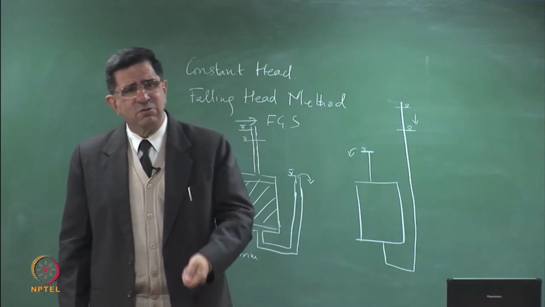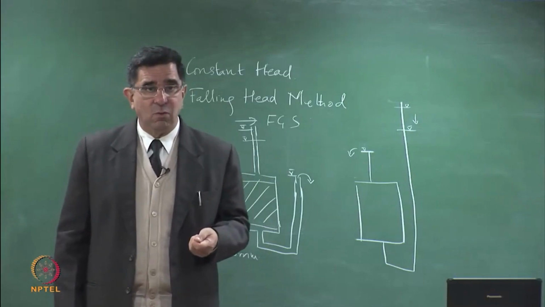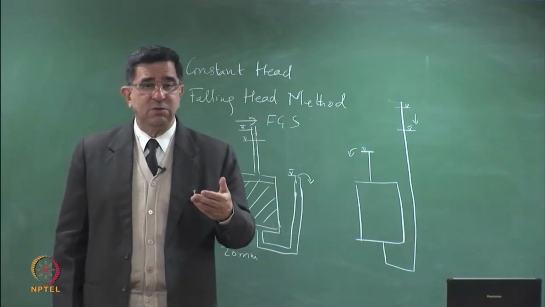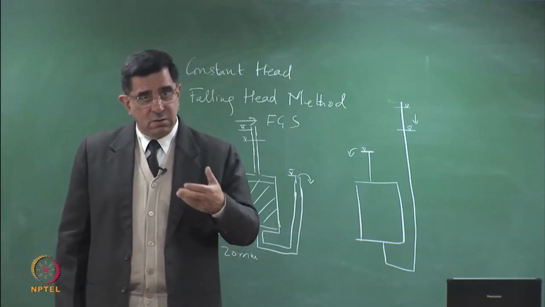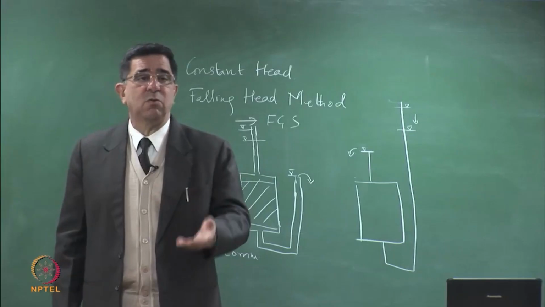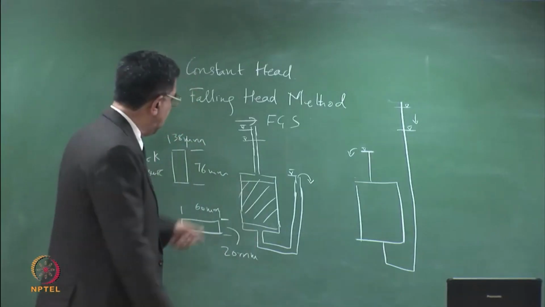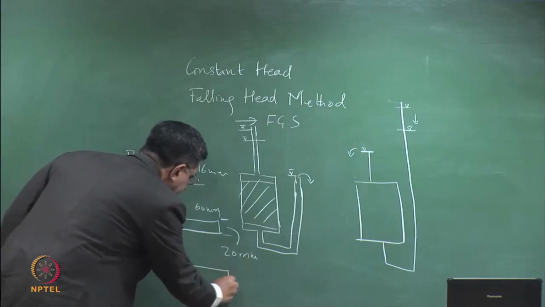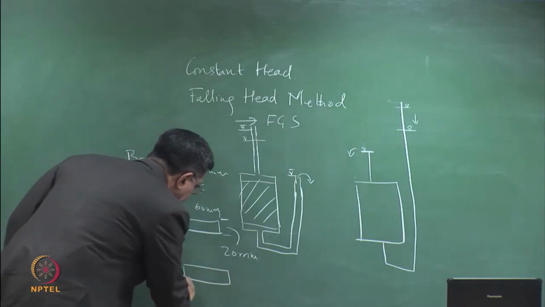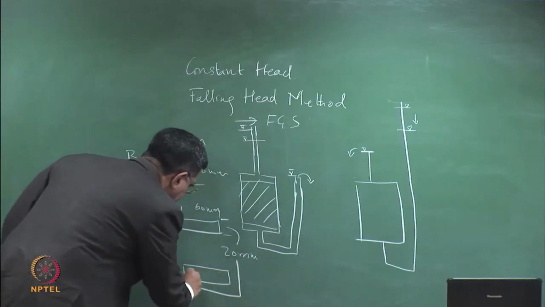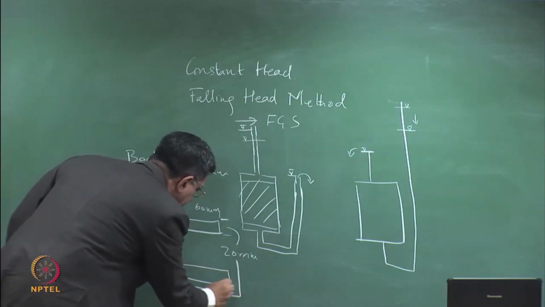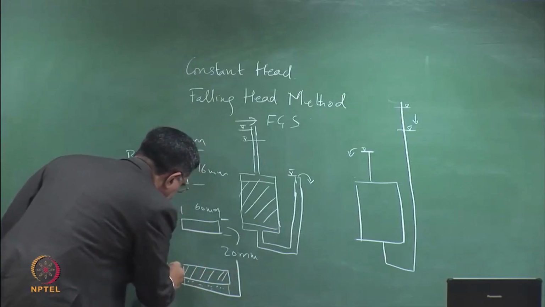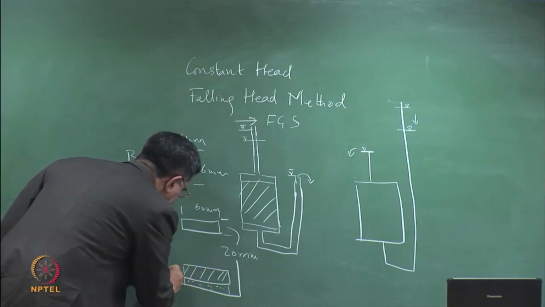That means clay tends to suck in the water because, if it is partially saturated, it has got a suction, and the suction draws up the water, and due to surface tension, the water rises by capillary action. So just if I take this sample and put it in a bowl of water, there's a porous stone at the bottom. This is the clay sample. It's in a consolidation ring, and I fill this.